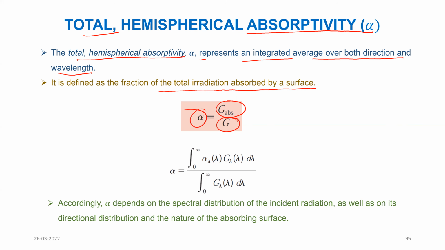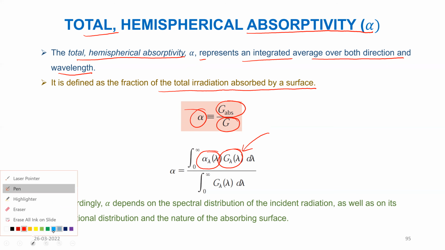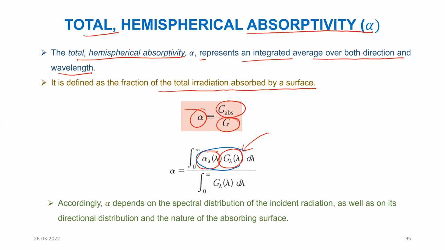And if I have been given the value of G lambda, what I can do is calculate the value of G absorbed. So this value in totality is G lambda absorbed, multiplied by d lambda, and integrating it from 0 to infinity will give me the value of total energy absorbed, divided by the total energy falling over the range from 0 to infinity.